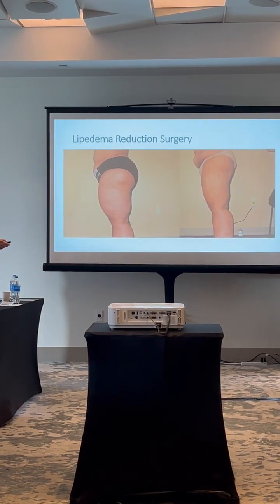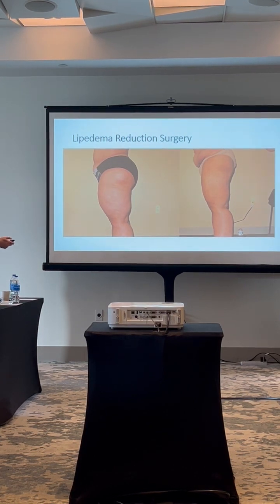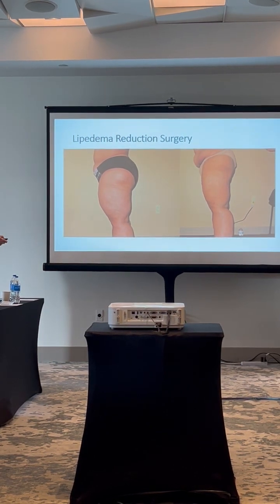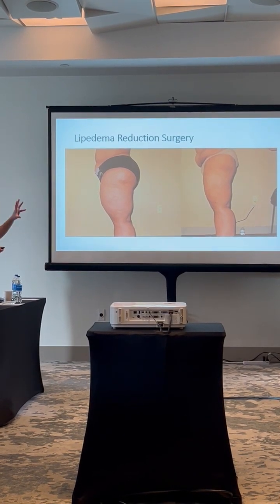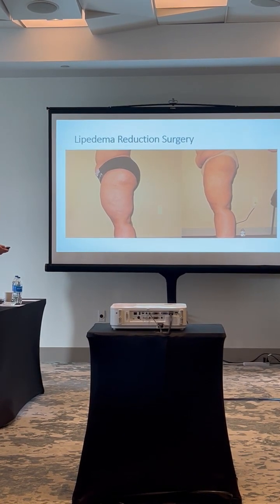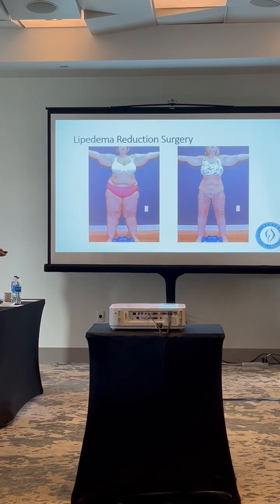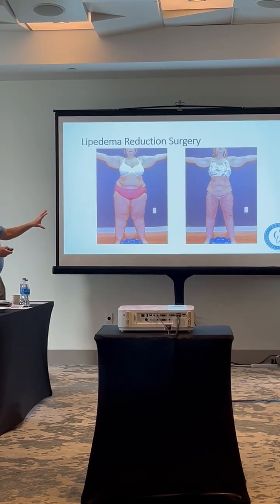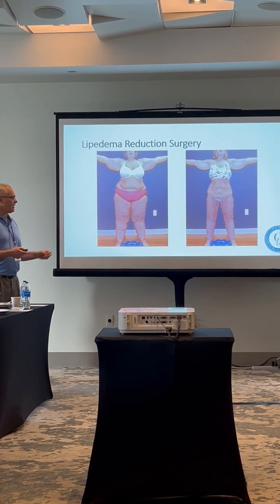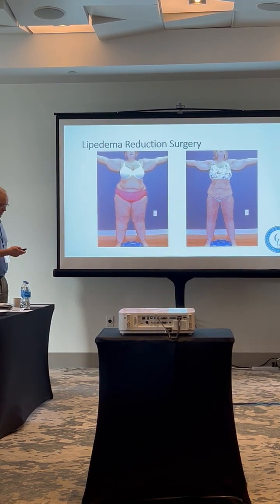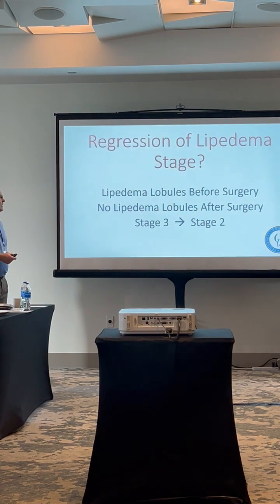This shows the debulking of the thigh here, and you can imagine how that would improve their knee function. This is a lady who really was a champion of the diet as well as the surgery, and that's her before and after.